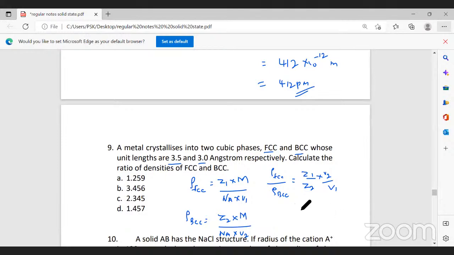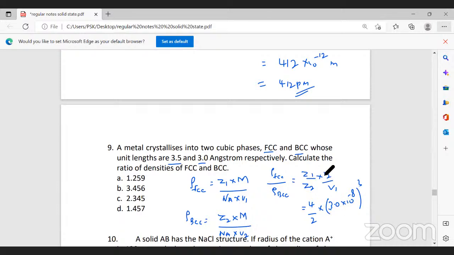So Z is what for FCC? 4. For BCC, it is 2. What is V2? Since we are talking about density, we need to convert this into centimeters. So V2 is 3.0 into 10 to the power minus 8, the whole cube. Correct?